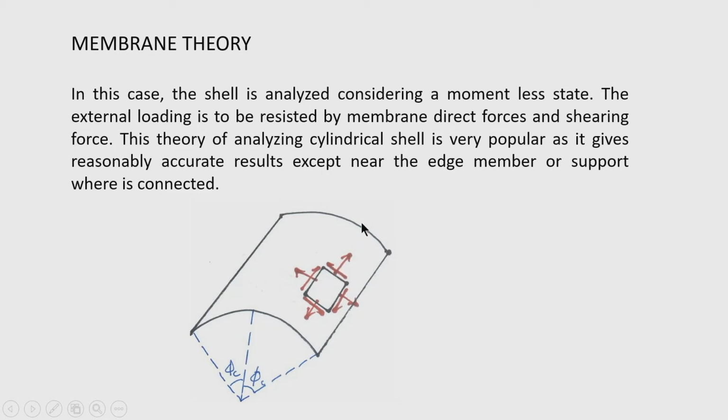One is in the direction of the generator, that is in the longitudinal direction, another is in the direction of the meridian, that is in the direction of the directrix, that means tangential to the directrix curve, and others are shearing force acting tangential at the edges. So, these are the forces in the membrane hypothesis, and we will take these forces into consideration to derive the differential equations of equilibrium. Okay.